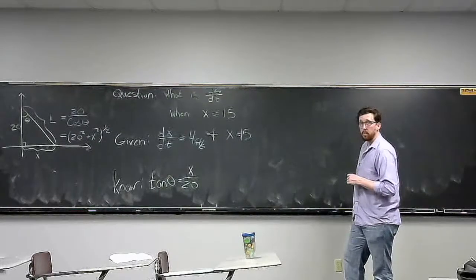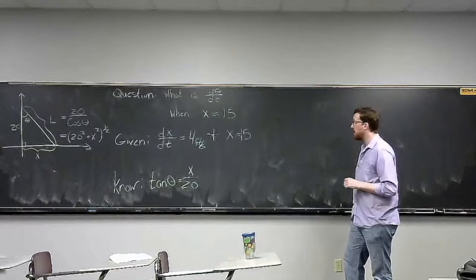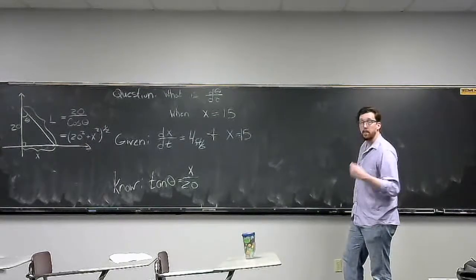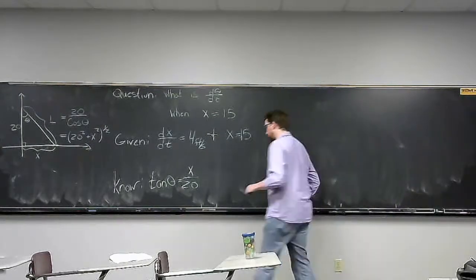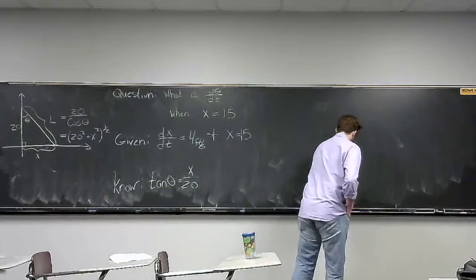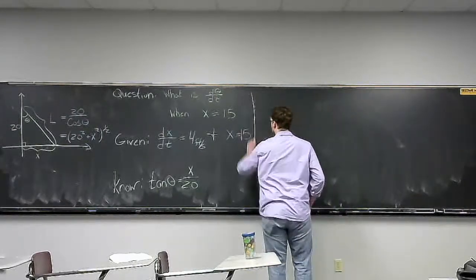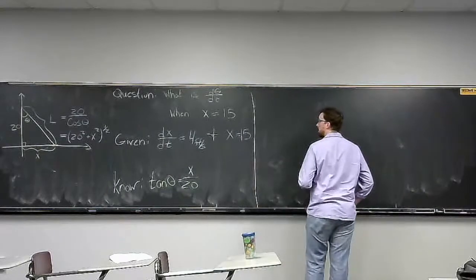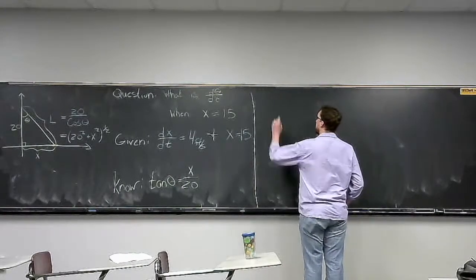And now from here, we could think of x as a function of time and theta as a function of time, and rewrite everything to solve specifically for x of t.